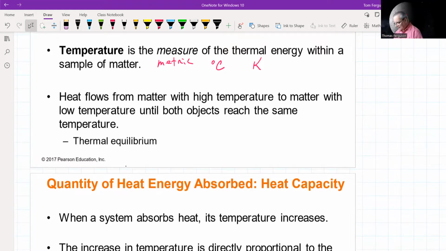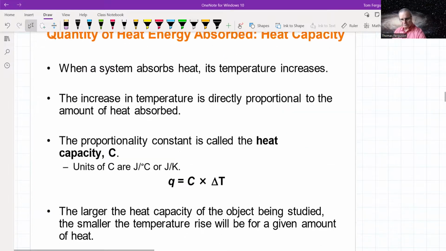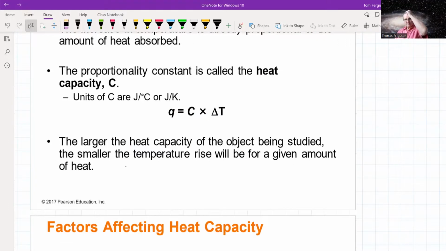So if you put a hot piece of metal in a cup of water, what happens? Well, the metal object loses heat and the water gains heat until the temperature of the metal and the water is the same. Okay, there are ways to calculate what's going on there. It has to do with the heat capacity of the two objects.